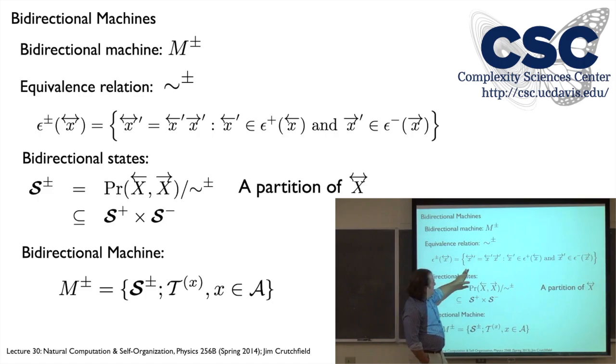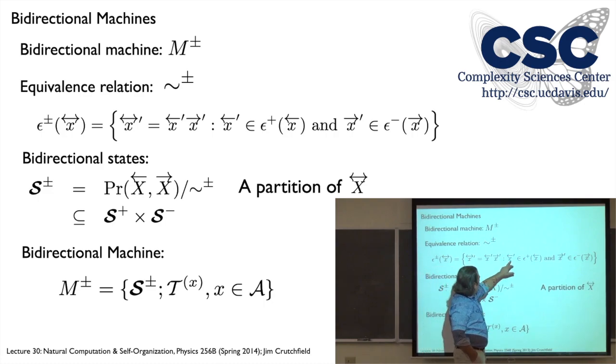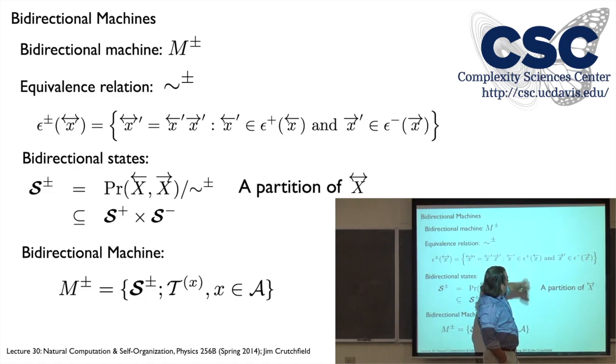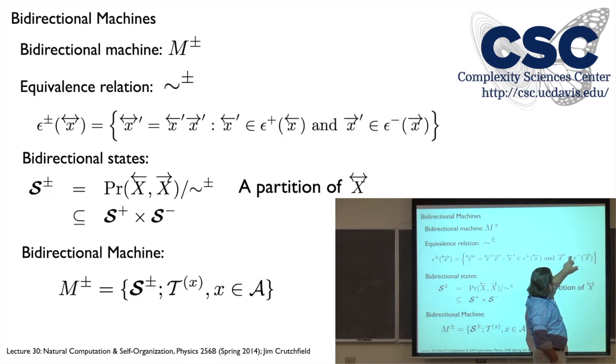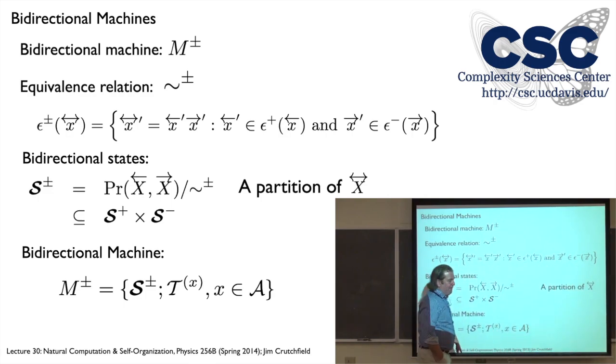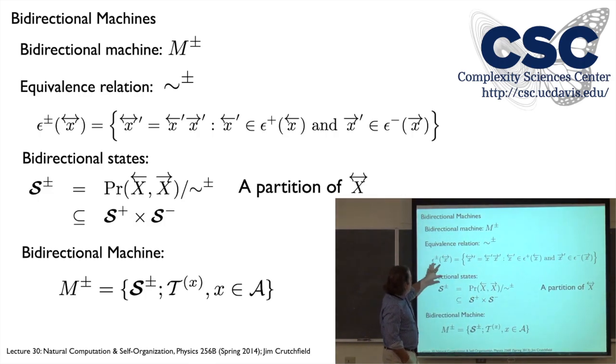and let's see if I can say this correctly. It's the set of bi-infinite realizations such that it shares the past with others that go to the forward causal state, and the futures, those that correspond to the reverse causal state. So I have a particular realization here.